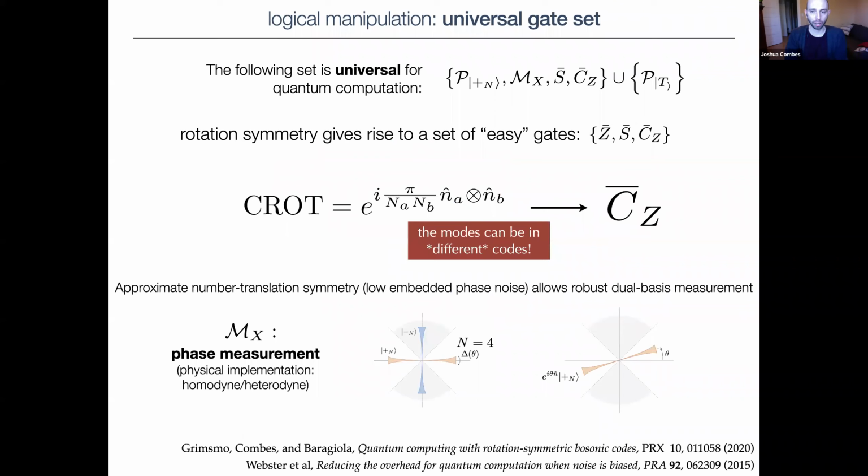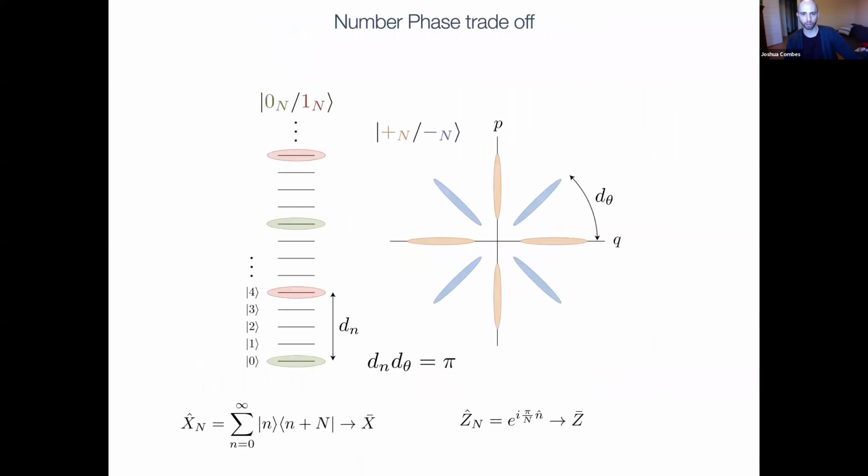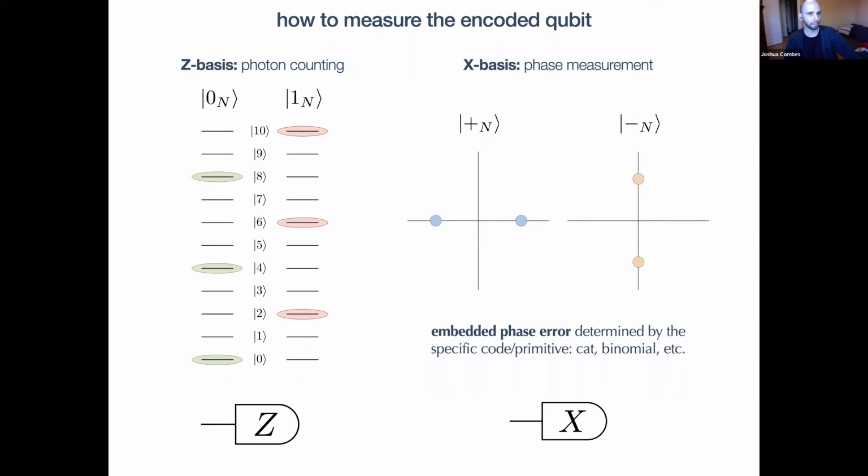So initially, when we were trying to cook up error correcting schemes, we were thinking of doing pretty wild things like trying to measure the z basis errors and then apply a correction, and then try to measure the x basis errors and apply a correction.